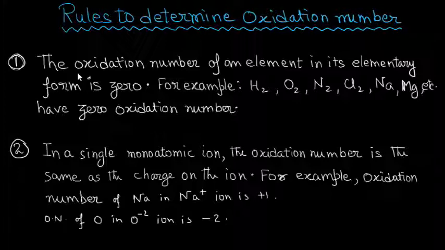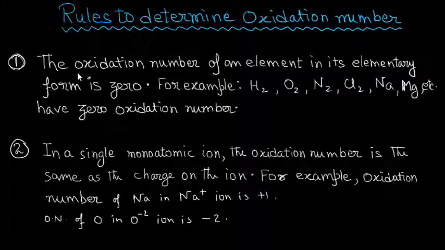For example, in molecular form, H2 molecule, oxidation number is 0. O2 oxidation number is 0. N2 oxidation number is 0. Cl2, Na, Mg, etc. all have oxidation number 0.